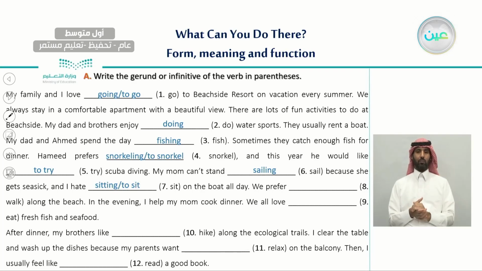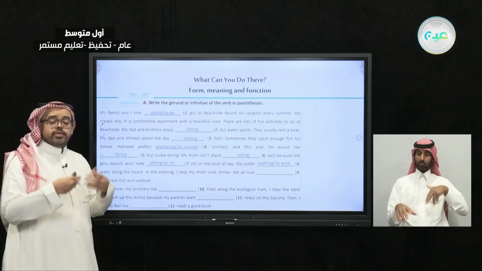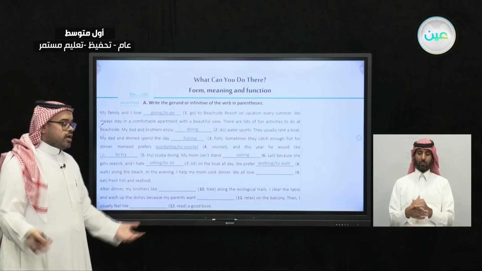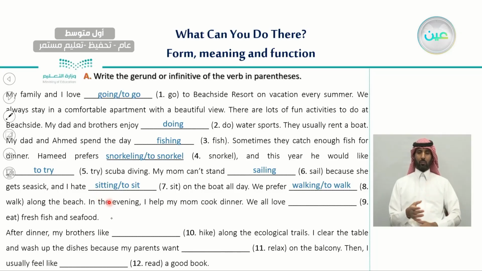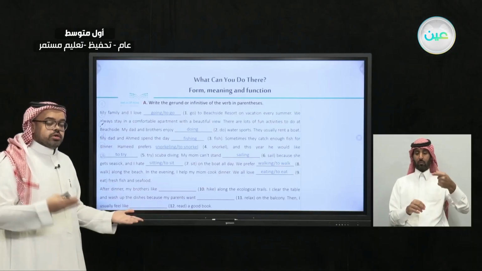So we prefer walk along the beach. And prefer, as we said, is the kind of verb that you use with gerunds and infinitive. In the evening, I help my mom cook dinner. We all love eat fresh fish and seafood. And love is the kind of verb that we can use with both gerund and infinitive.